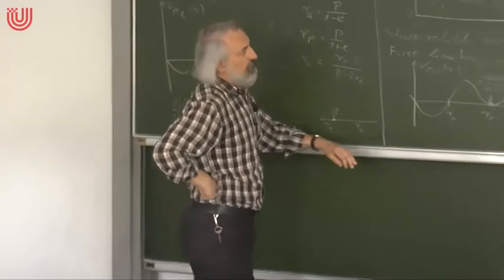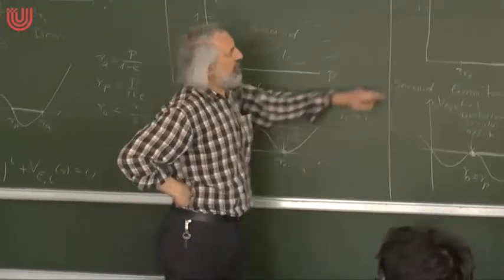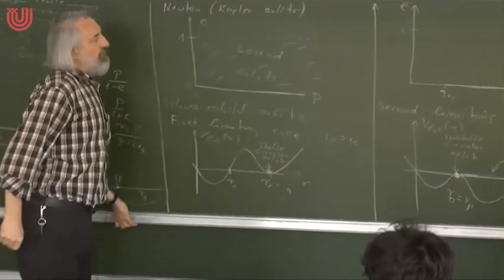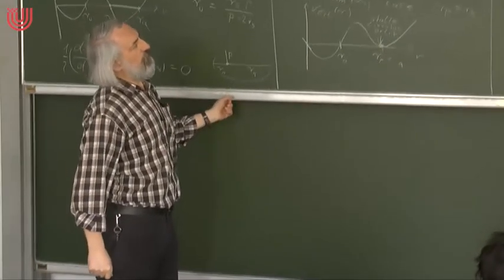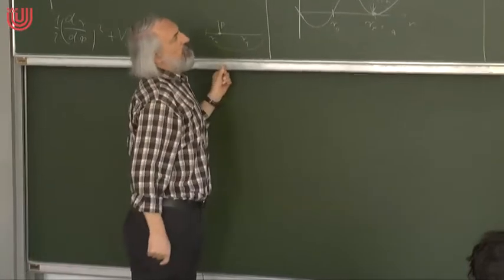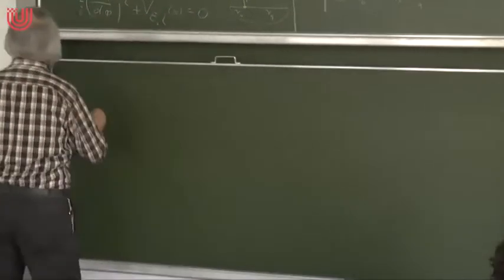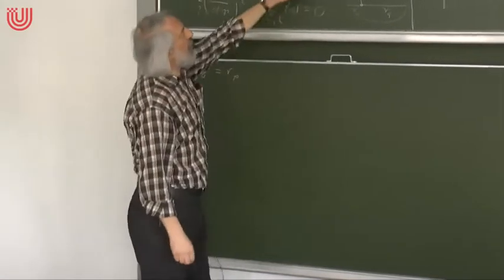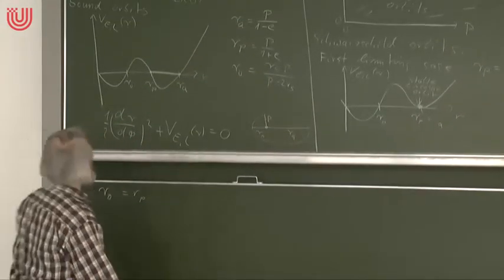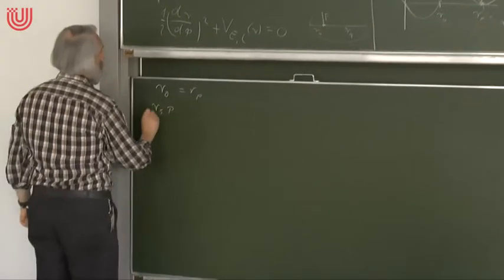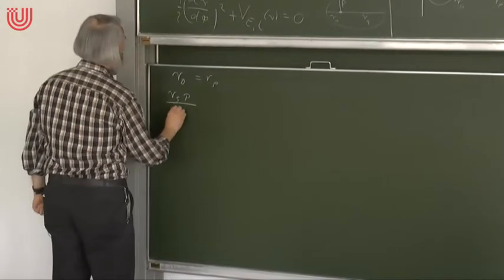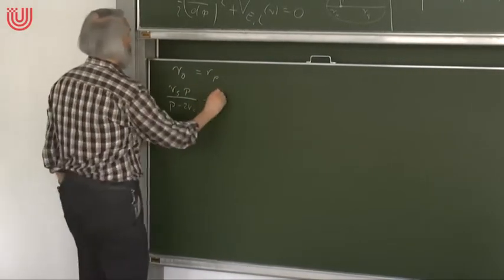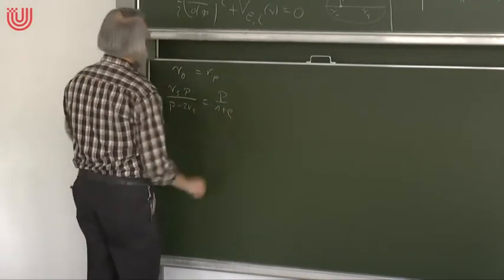Okay, so the homoclinic orbits give us the missing boundary here. So we need to calculate where they are. And they are at parameter values where R0 is equal to Rp. So let's evaluate this equation. R0 is Rp. What does this mean? Well, we have the expressions for R0 and for Rp here. Rs p divided by p minus 2Rs is R0, and Rp was p divided by 1 plus e.